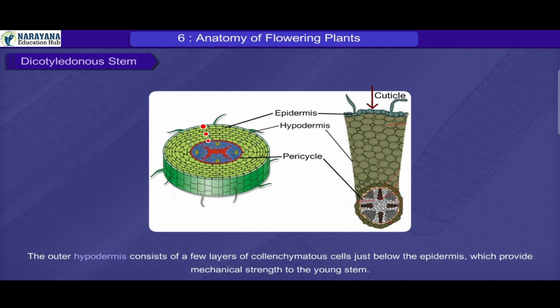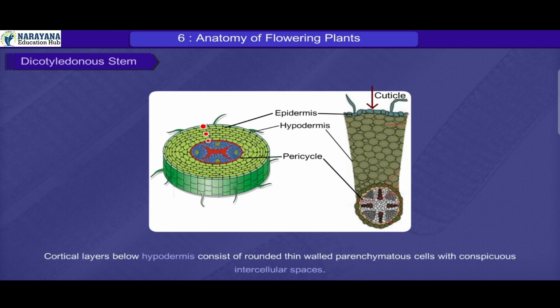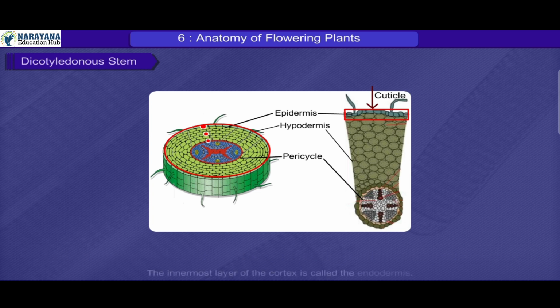The outer hypodermis consists of a few layers of collenchymatous cells just below the epidermis, which provide mechanical strength to the young stem. Cortical layers below hypodermis consist of rounded, thin-walled parenchymatous cells with conspicuous intercellular spaces.